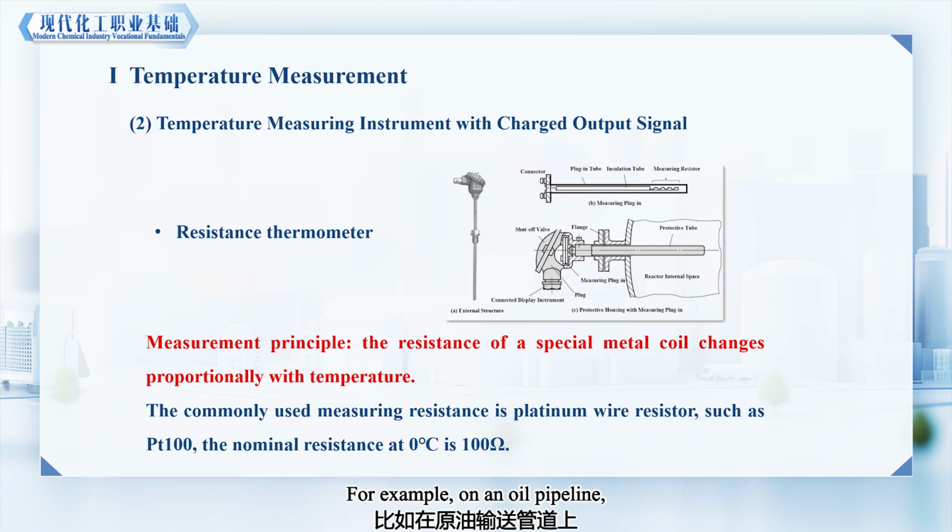For example, on an oil pipeline, a PT100 RTD is installed. By measuring the change in resistance, the temperature of the crude oil can be monitored in real time, allowing for timely adjustments to the transportation process.